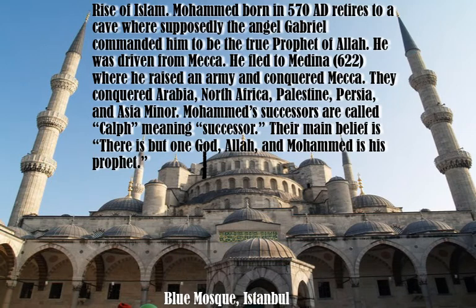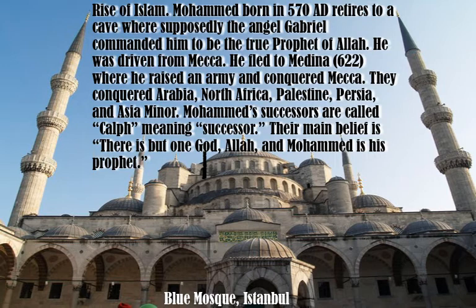Another major event was the rise of Islam. Muhammad was born around 570 AD and retired to a cave where supposedly the angel Gabriel commanded him to be the true prophet of Allah. He was driven from Mecca. He fled to Medina in 622, where he raised an army and came back and conquered Mecca.